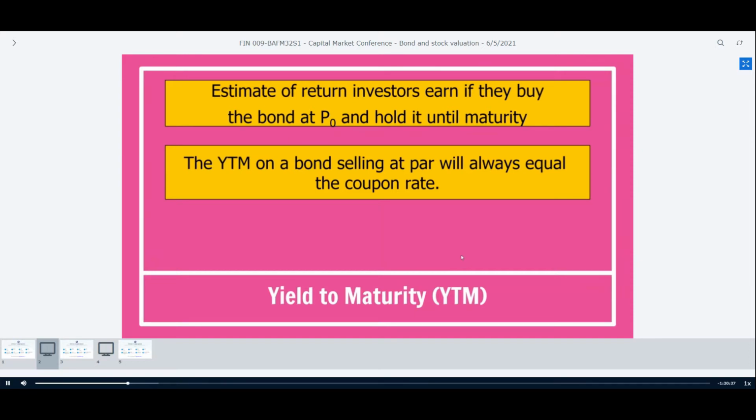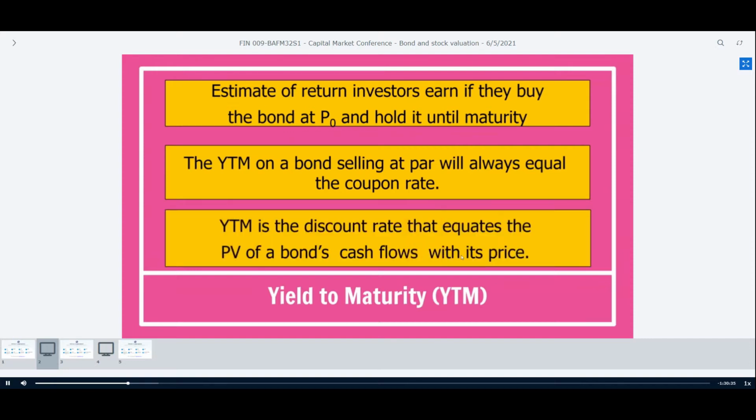Well, that's true. YTM is the discount rate that equates the present value of the bond's cash flow with its price. It's just saying that the YTM is basically the rate, or the required rate of return, that equates the present value of the bond with its price.